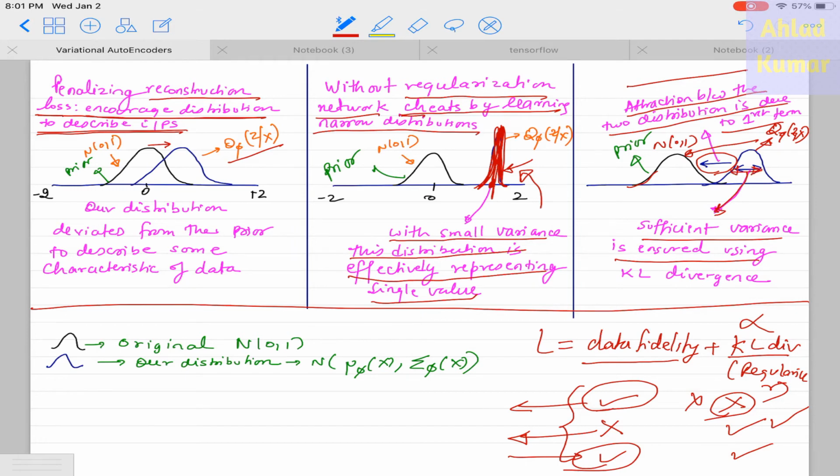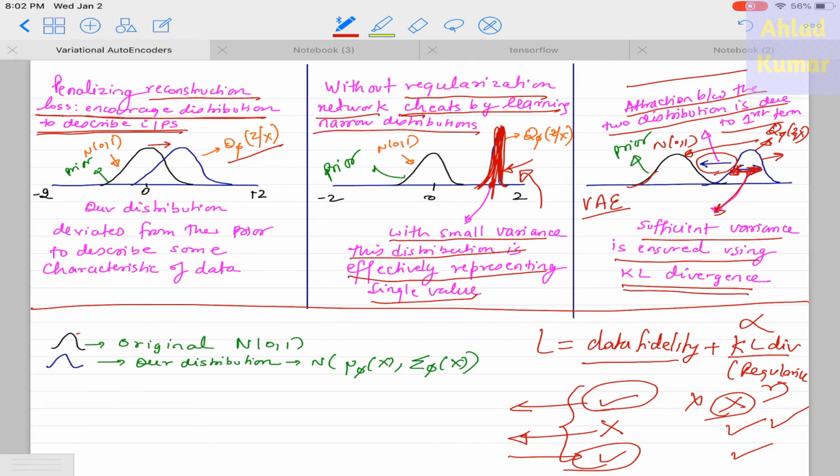It will have a fixed variance of some size, and that will happen due to the KL divergence. KL divergence will force the blue distribution to have a specific variance, and it will not collapse to a very small variance. In that case, the variational autoencoder will work properly.